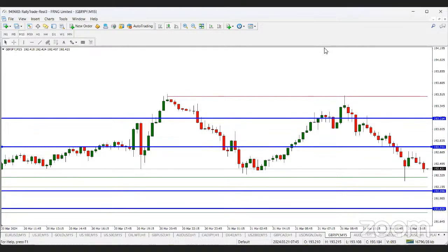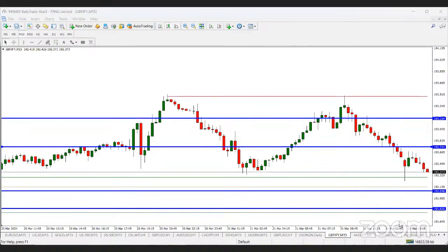So from 192.090, I can sell it down to 191.830. That's how I will sell GBP JPY. Okay. So that's what I would expect.